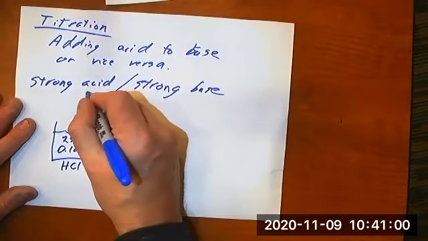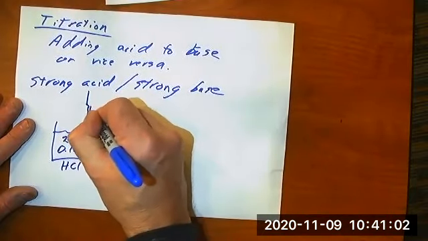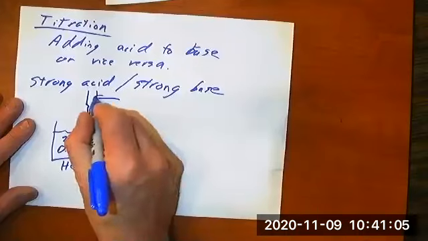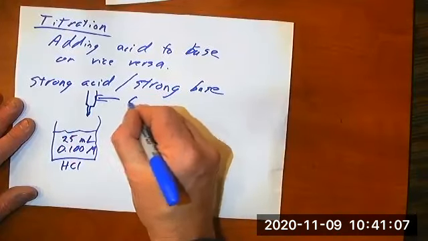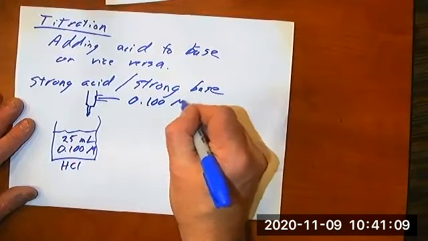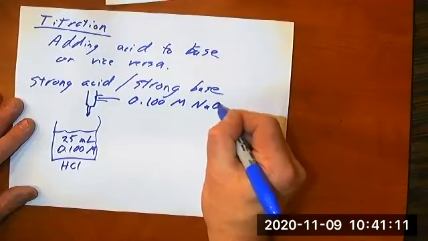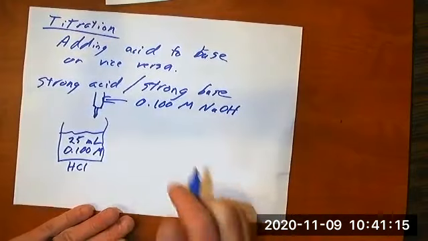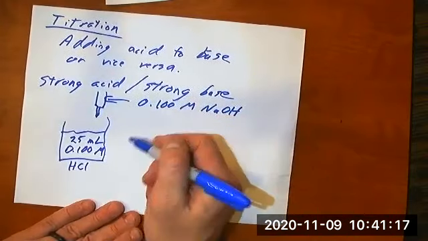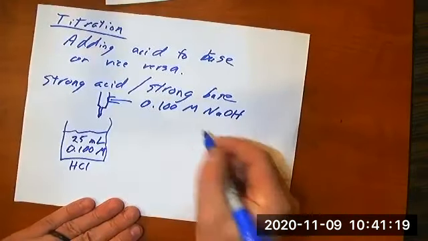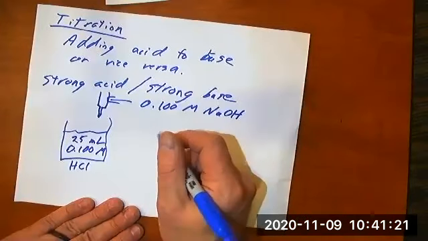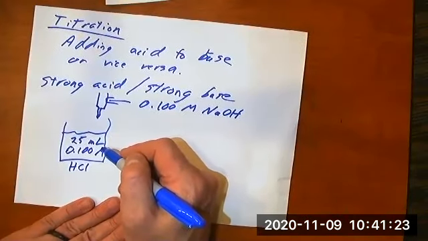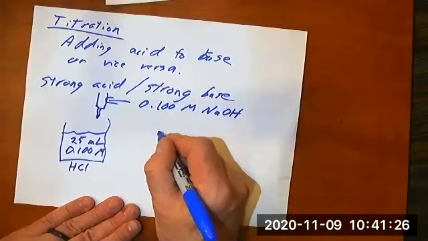And we are going to add to it different amounts of 0.100 molar sodium hydroxide. And so we are going to start in this analysis to look at how we would calculate what our pH would be at several different points along the titration.